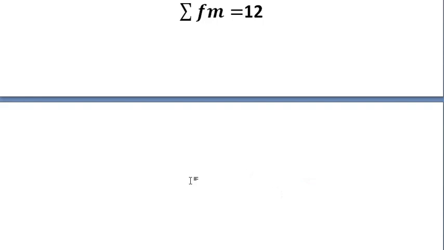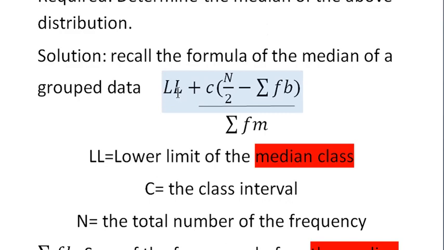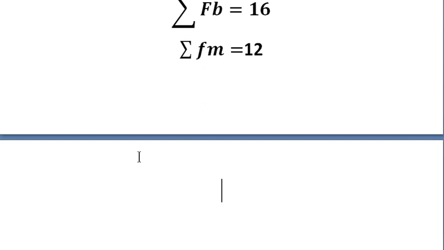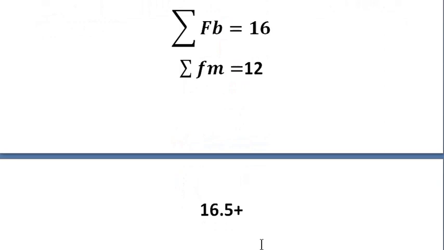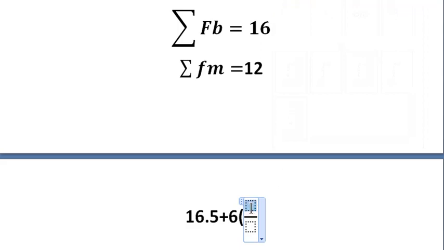Okay, the formula starts with the lower limit. First thing we do is put in the lower limit, which is 16.5, plus the class interval. Our class interval is 6, so we'll have 6 here, then brackets n over 2, and our n is 50.